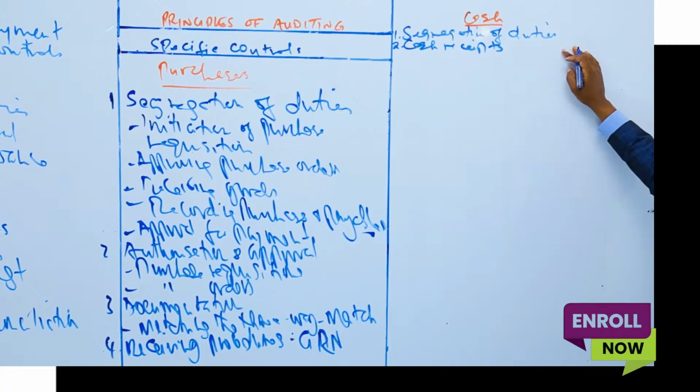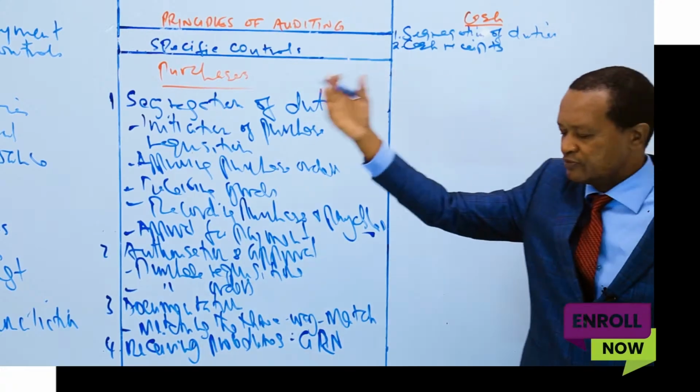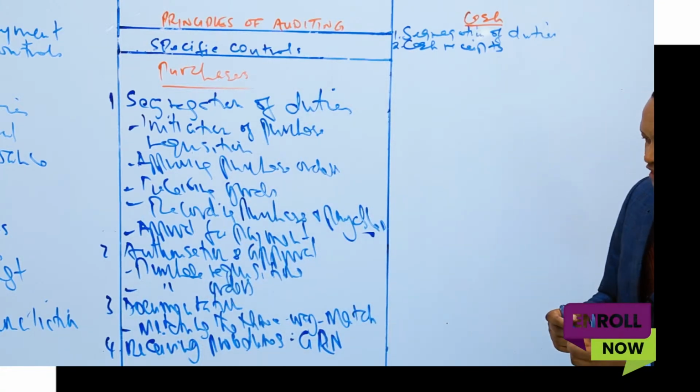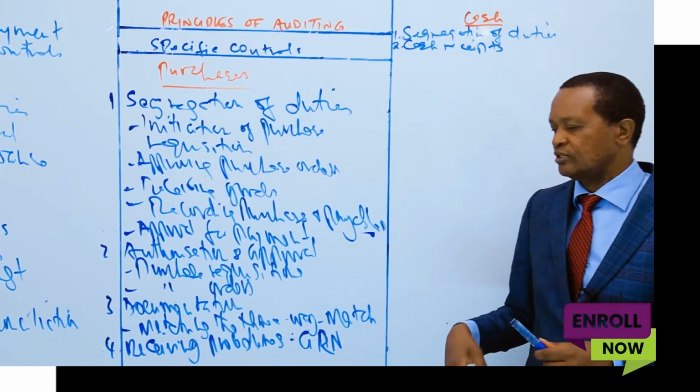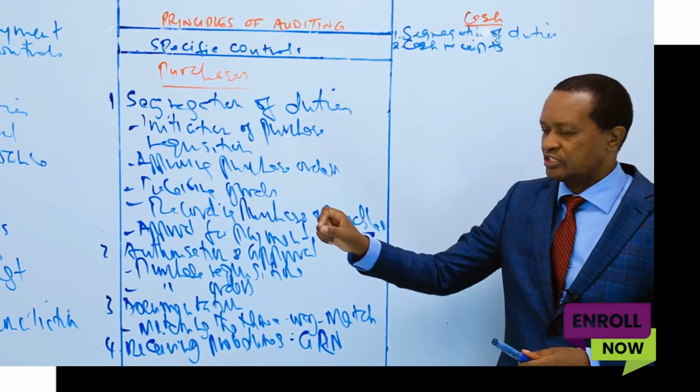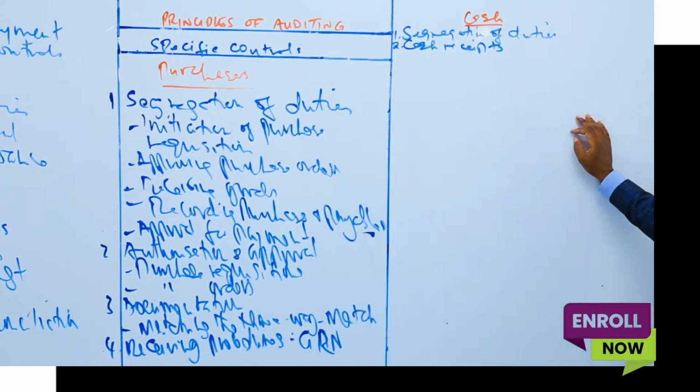Another point over the cash receipts is that there ought to be pre-numbered receipts. That means issuing pre-numbered receipts for all cash received. If you are selling, for example, books, every customer that buys a book has to be issued with a receipt that is pre-numbered.